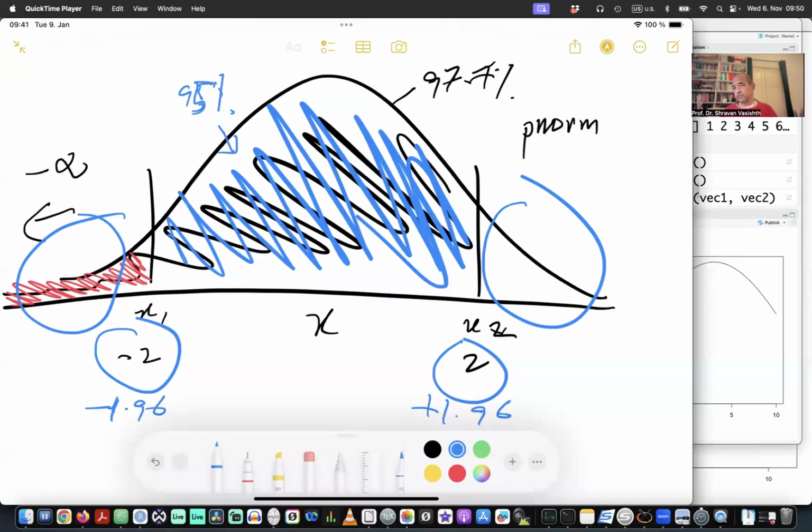Therefore, the tails will have 2.5% probability each. So the probability of observing -2 or something less than that is 2.5%, and the probability of observing +2 or something more than that is 2.5%.